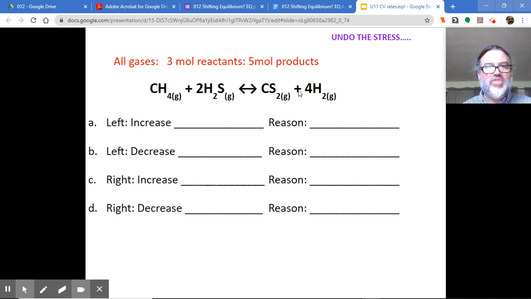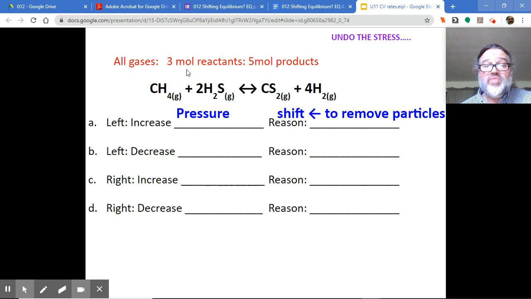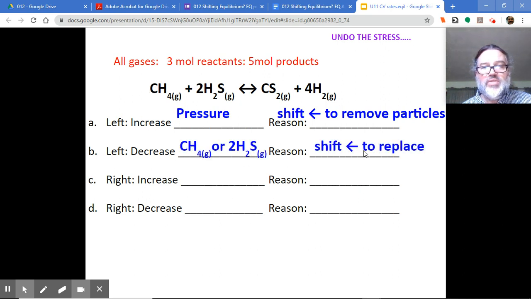Well, if you want it to shift this way, one of the things you do is increase the pressure, right? Under high pressure, you would want to have 3 moles of reactants because they produce less pressure. So that would shift to remove particles, and these things would react, and we'd end up with more of that. If we want to shift to the left, we could also think about removing things, right? So if we remove the products, it'll shift and favor the reverse reaction to make more.